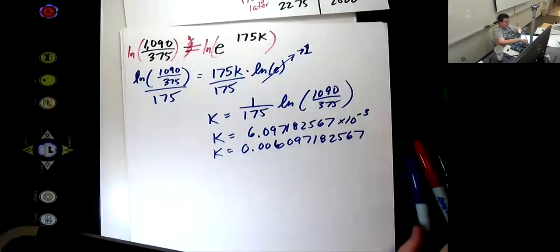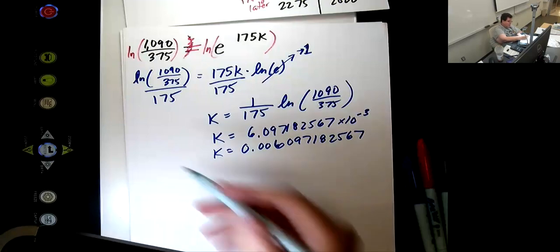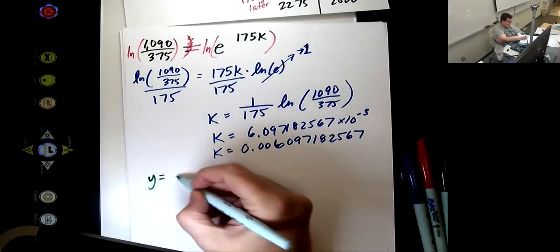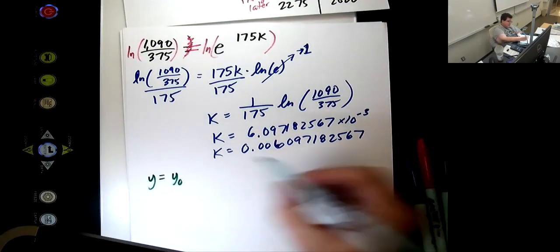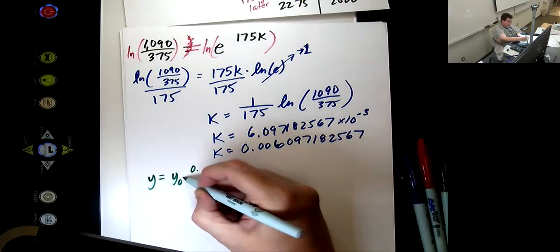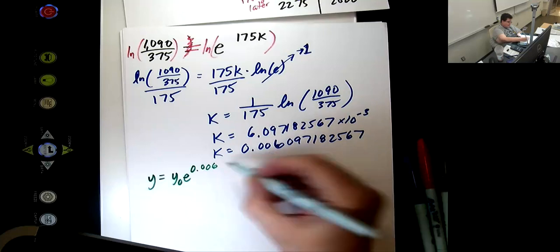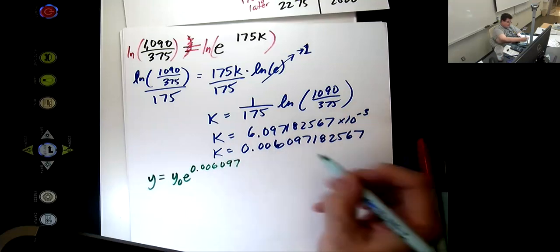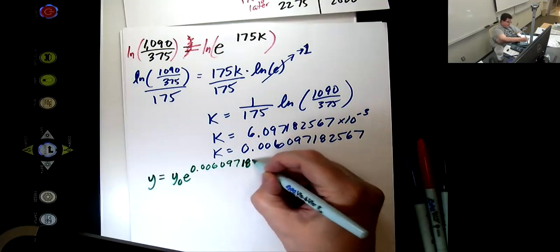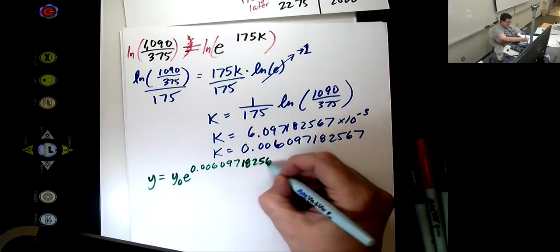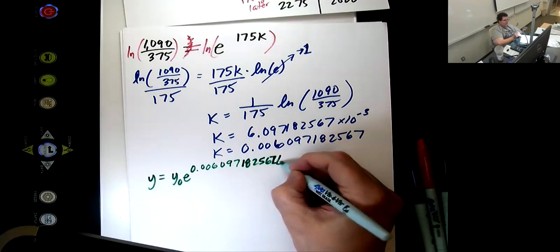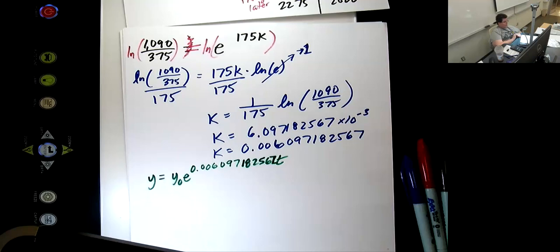So the carbon dioxide model will follow y equals y naught e to the 0.006097182567 t. I wrote all the decimal places because I don't know if they matter or not.